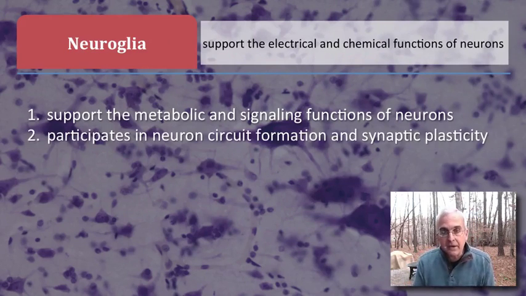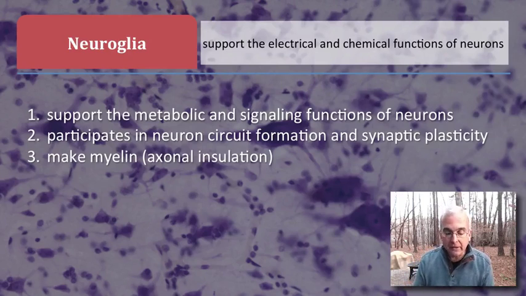Neuroglia participate in the formation of neural circuits and in a variety of forms of synaptic plasticity. This is a very exciting new aspect of glial cell biology that's just now beginning to open up, and we're coming to see glial cells as really being active participants in the process of making new synaptic connections in the brain.